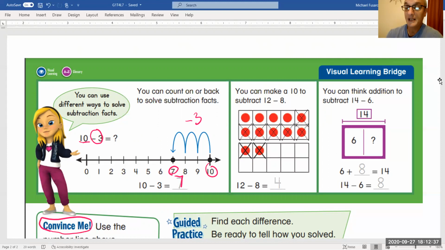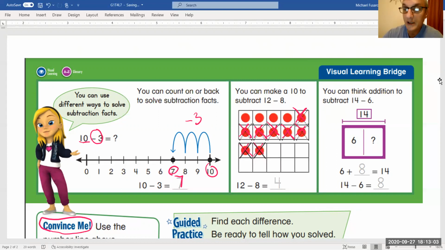And then let's go ahead and go to the tens frame. We take 12 minus 8. So we know that if we take 2 away originally at the bottom, we're left with 10. Now I just have to subtract the rest. So 2, 3, 4, 5, 6, 7, and 8 were crossed out.